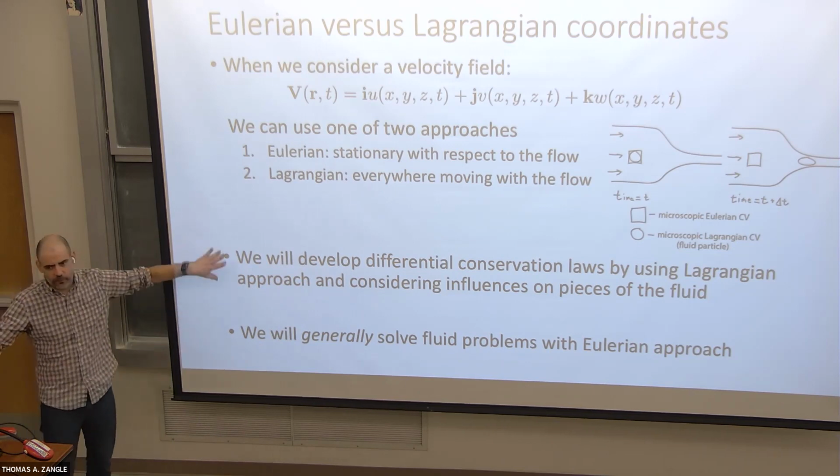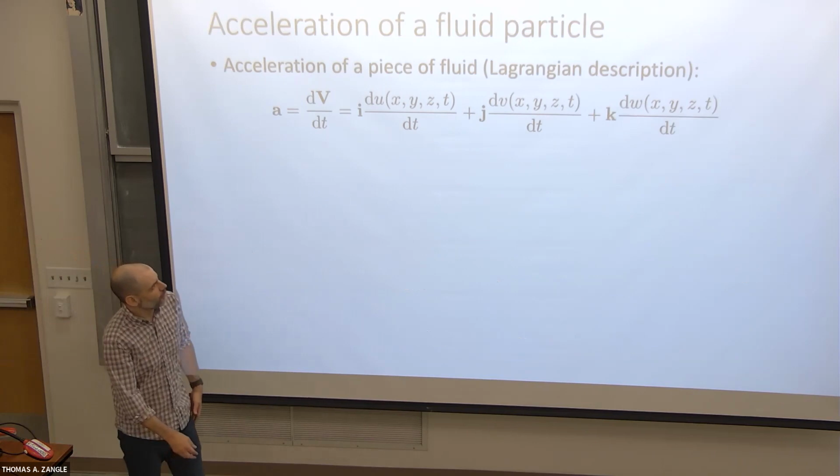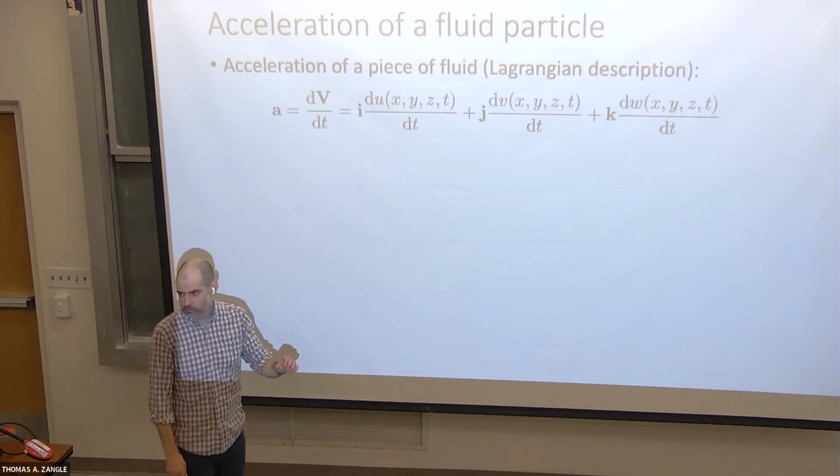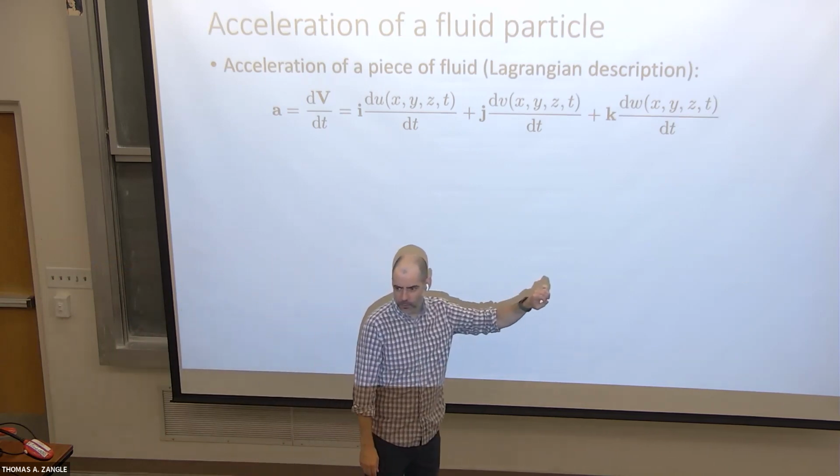So let's look at an example of the difference between Lagrangian and Eulerian, and it has to do with acceleration of a fluid particle. We have a piece of fluid that's moving through some flow system.